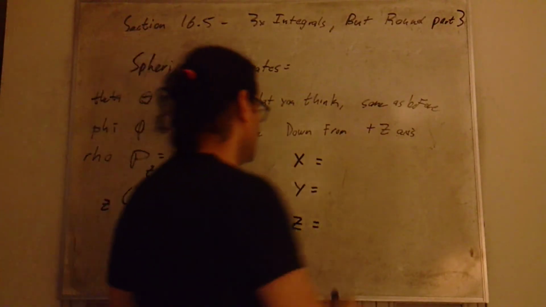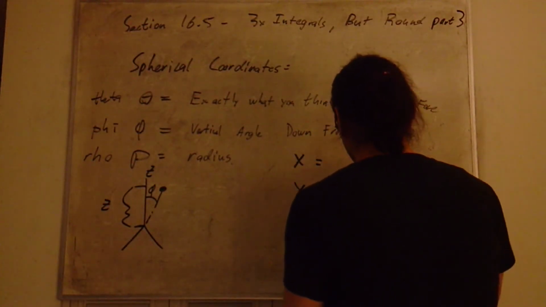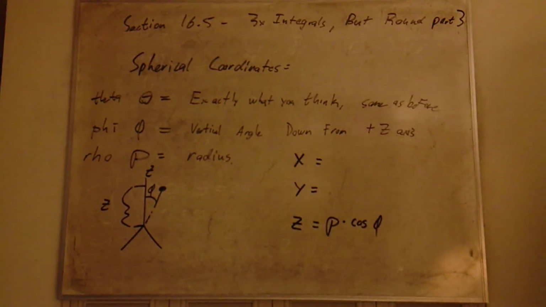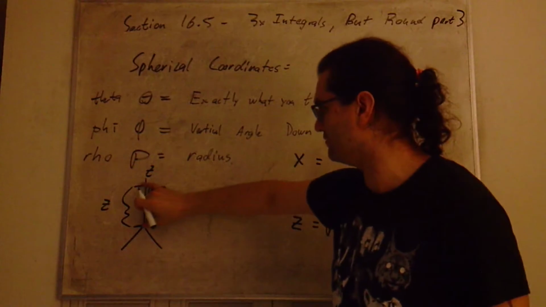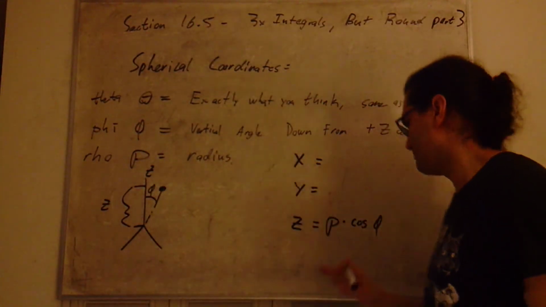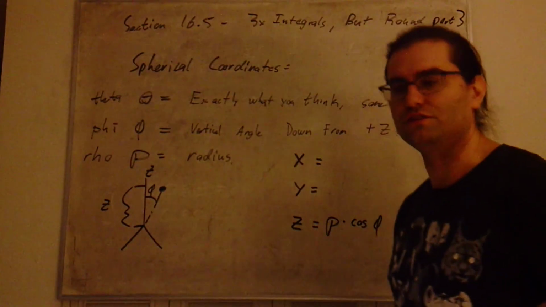Which means that z should be rho times the cosine of phi. Cosine of phi will give us the vertical aspect of this. Rho will give us the magnitude. So z equals rho cosine phi. That's a good start.